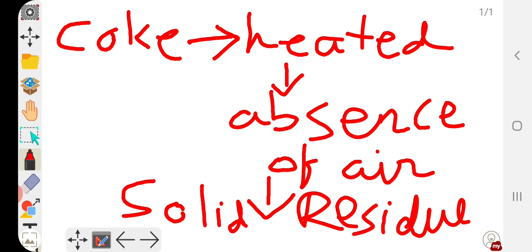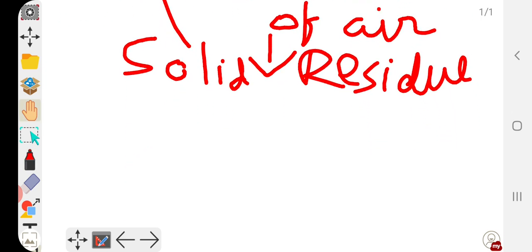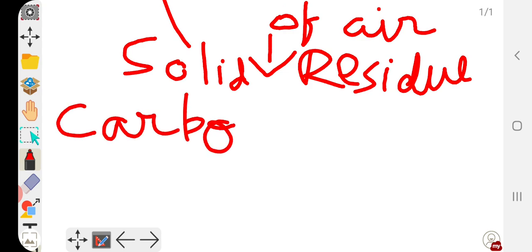This solid residue is termed as coke, and it has a very high carbon content.